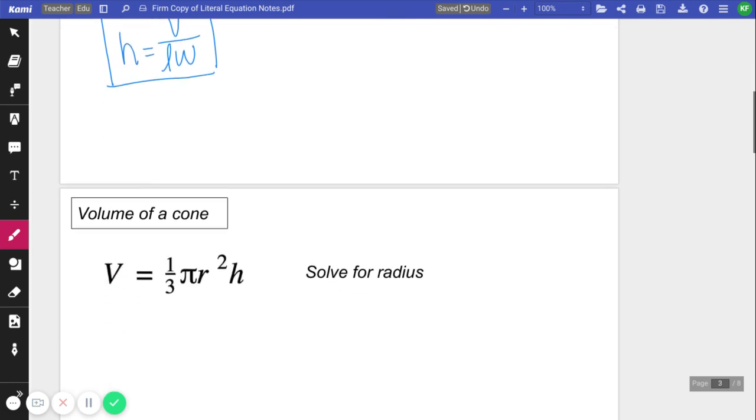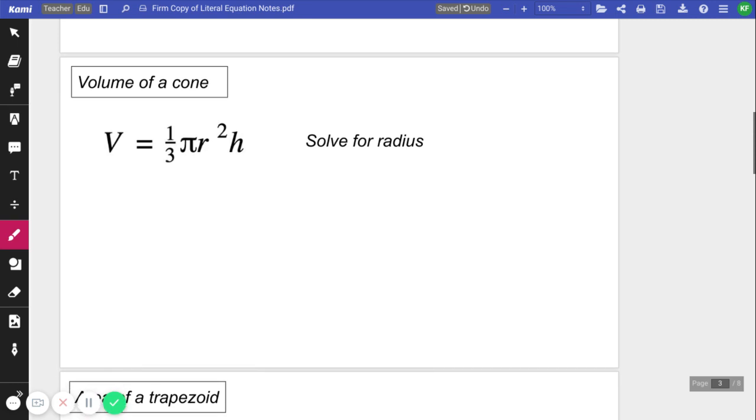So let's look at the volume of a cone. The volume equals 1/3 pi r squared h. And we are solving for the radius, which would be r here. First thing I want to do is move that fraction. So to do that, I'm going to choose to multiply by the reciprocal.